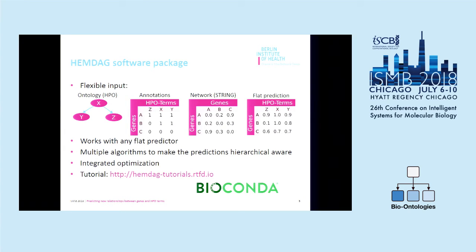It has several algorithms included to make your flat predictor hierarchically aware, and also some integrated optimization, using internal cross-validation to learn different parameters. We also wrote extensive tutorials, so you can go to the website and try it out. And it's really easily installable using Bioconda.